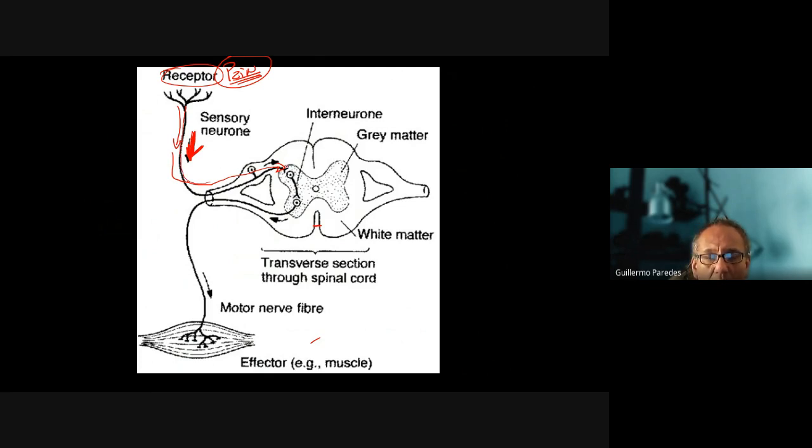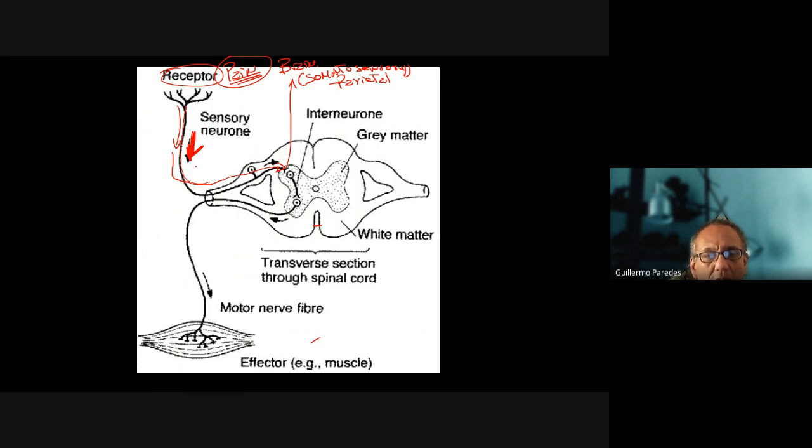In the spinal cord, the signal is going to travel all the way up to the brain, and the portion that is going to detect the pain is the somatosensory area. Which is the somatosensory area? It is the parietal lobe.